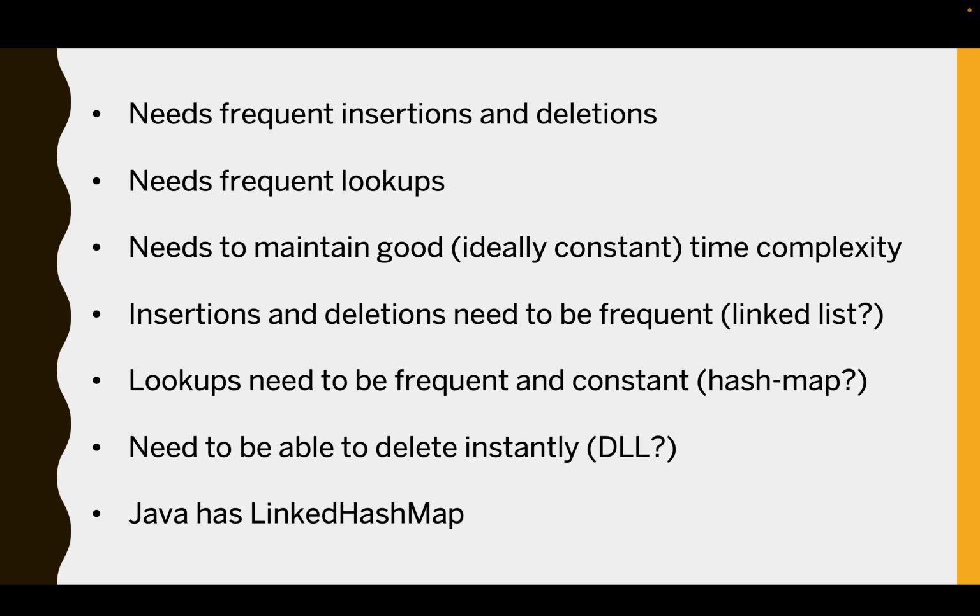It has implementations HashMap, TreeMap, and another implementation called LinkedHashMap, which can act as an LRU cache. So all you would do is create a new LinkedHashMap and you would be done. You don't need to do anything else. But let's not do it that way. You are free to look at how it works.